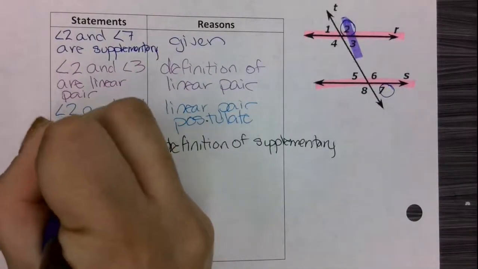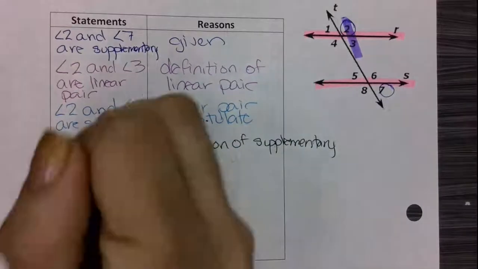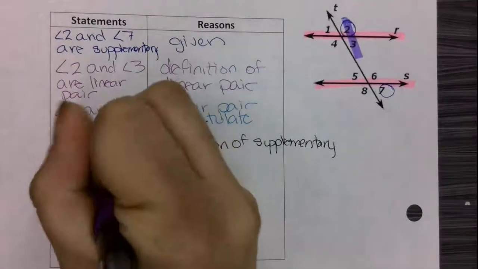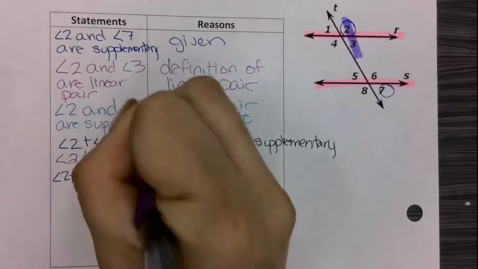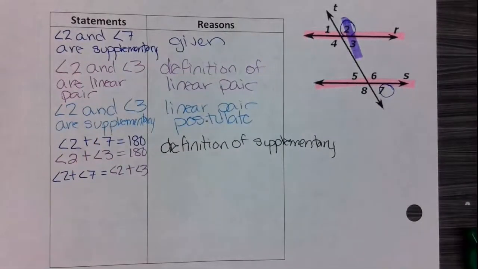Then I'm going to say angle 2 plus angle 7 equals angle 2 plus angle 3 by the transitive property.